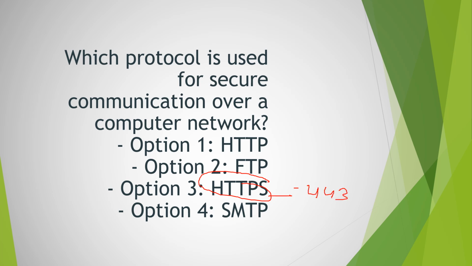FTP works on ports 20 and 21, SMTP works on port 25, and HTTP works on port 80. So ports are also very important. Learning the multiple types of ports, and whether they work on UDP or TCP, is one of the important questions that can be asked.